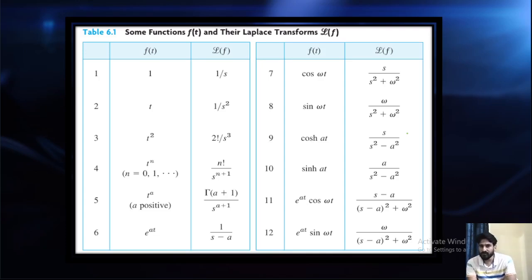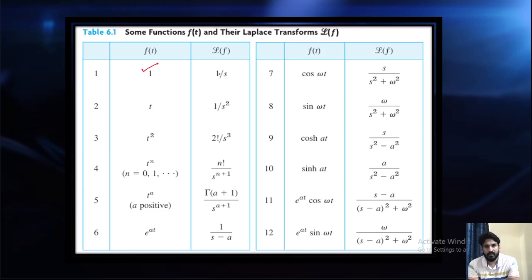These are very basic formulas. Some of the formulas we will calculate, like at the start of the lecture we calculated the Laplace transform of 1.